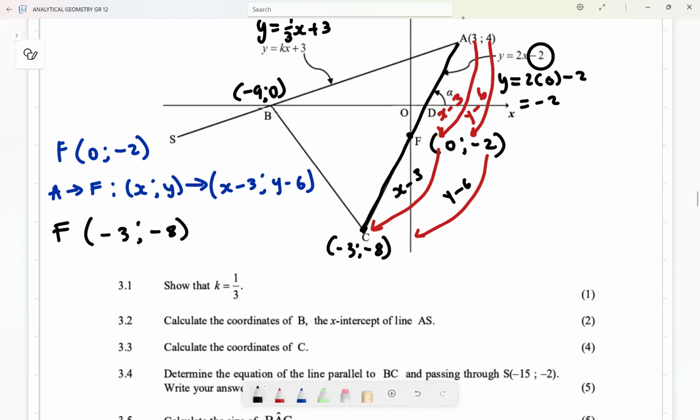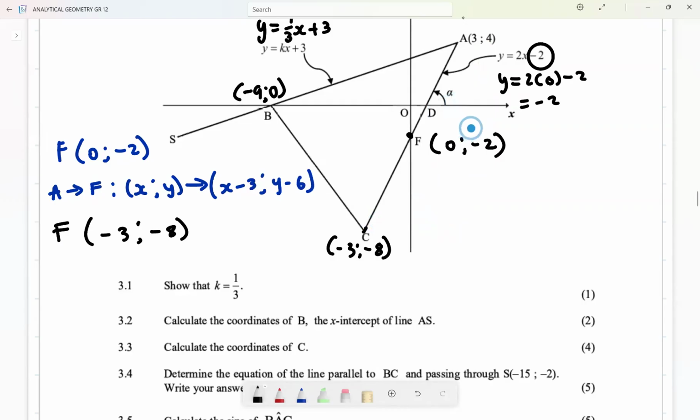Or you can take a longer route and say, after finding the coordinates of F, you know it is the midpoint. So the midpoint is 0 and -2. The equation for the midpoint is 3 plus x that you did not know divided by 2, as well as 4 plus y that you did not know divided by 2.